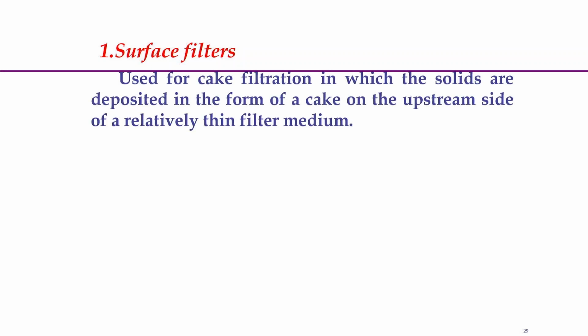Surface filtration is used for cake filtration, in which the solid particles are deposited to form a cake on the upstream side of the filter. Suppose this is a filter medium.